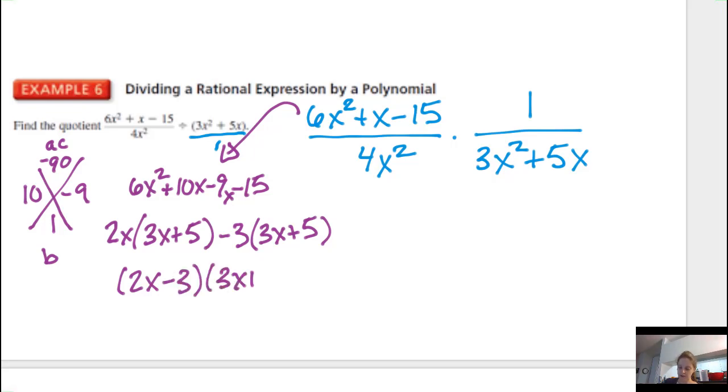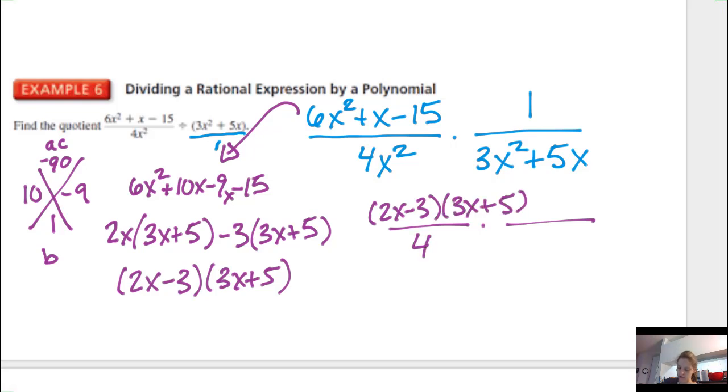Let me rewrite that over here. So I have 2x minus 3 and 3x plus 5 all over 4x squared times 1 over, GCF of x comes out, we get x times 3x plus 5.